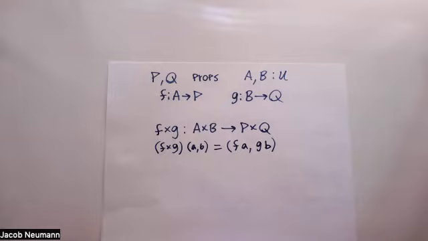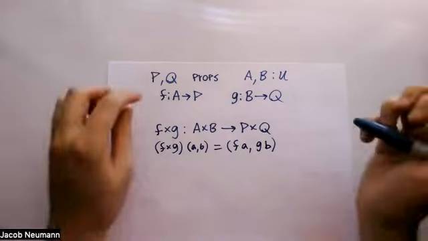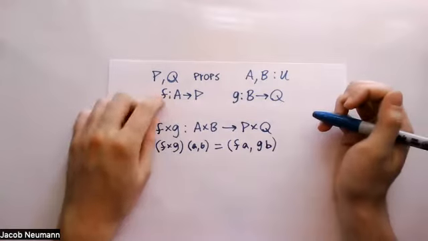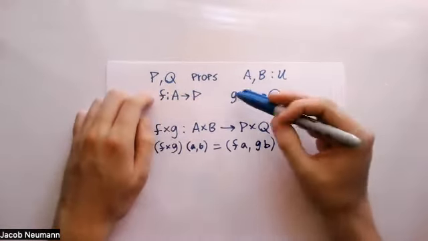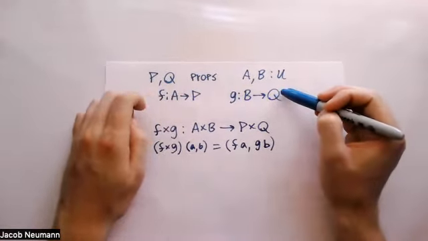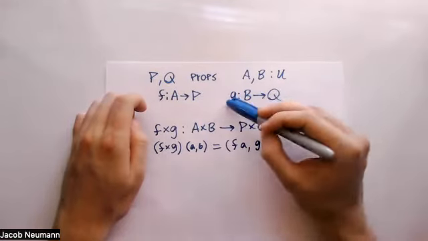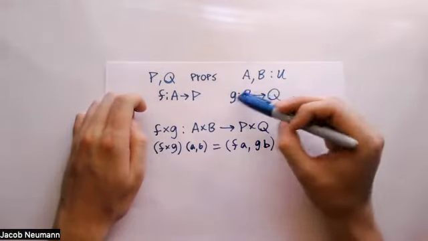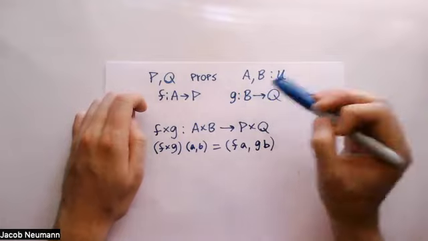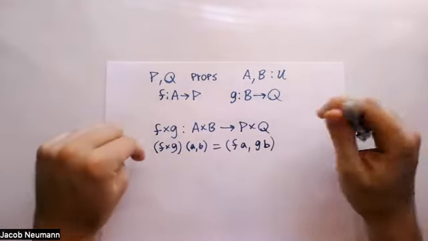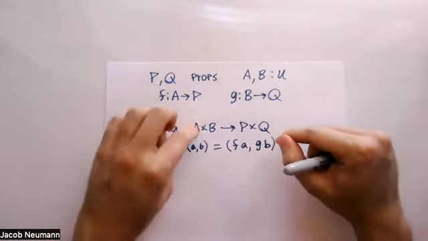So the claim is that if F is a propositional truncation of A and G is a propositional truncation of B, then this is a propositional truncation of A times B.